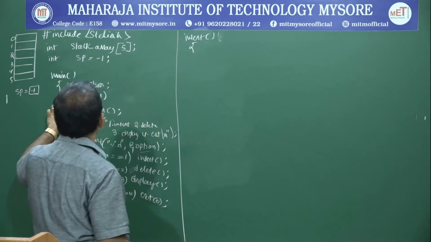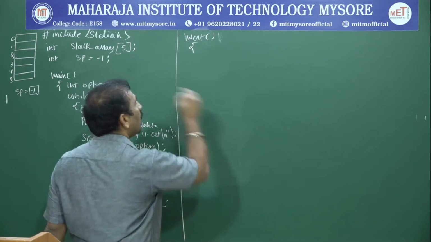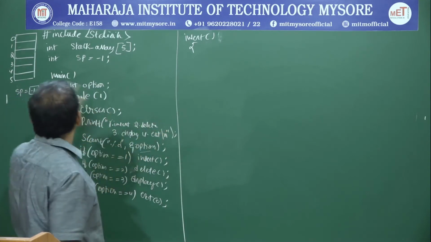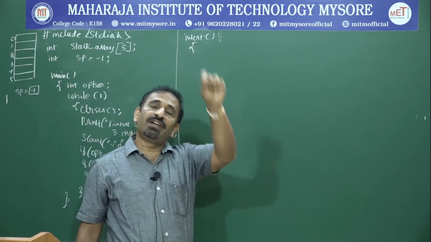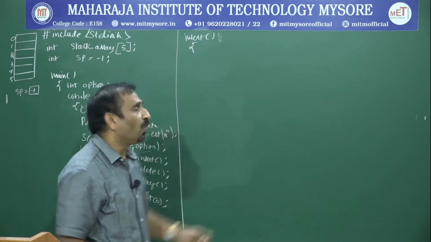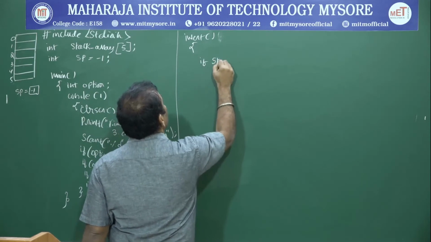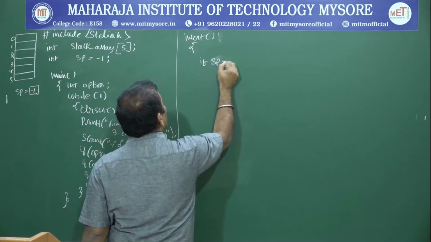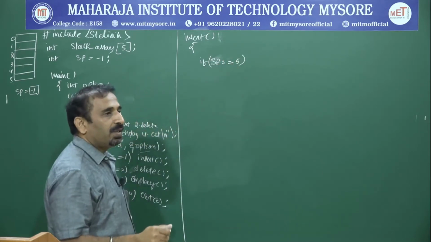All right. Now, what am I supposed to do? First thing is check for overflow. How to check overflow? If the stack pointer equals 5, it has already reached this stage by inserting 5 elements, then it is called overflow. So, first check for overflow. If SP equals 5, what does it mean?